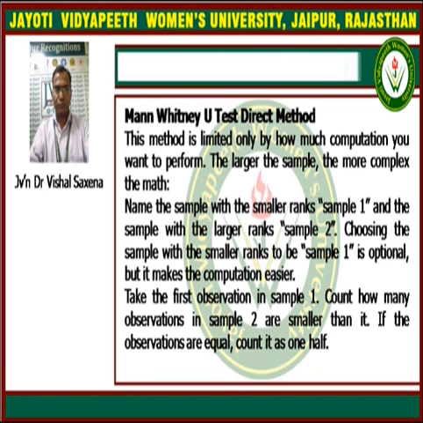Take the first observation in sample 1. Count how many observations in sample 2 are smaller than it. If the observations are equal, count it as one half. So it is important: take the first observation in sample 1 and count how many observations in sample 2 are smaller than it. If the observations are equal, then count it as one half.